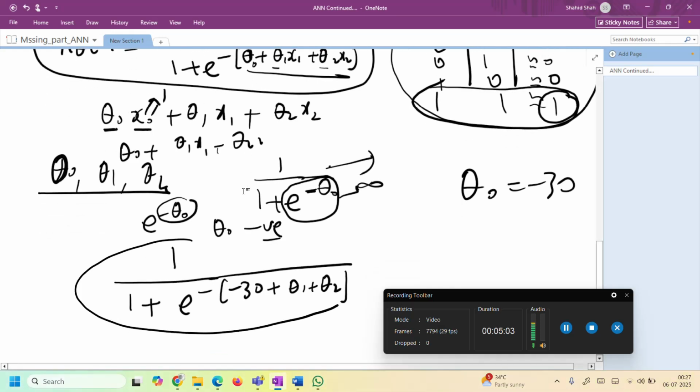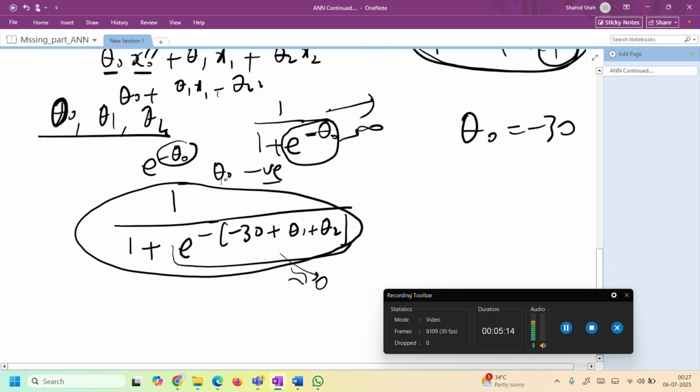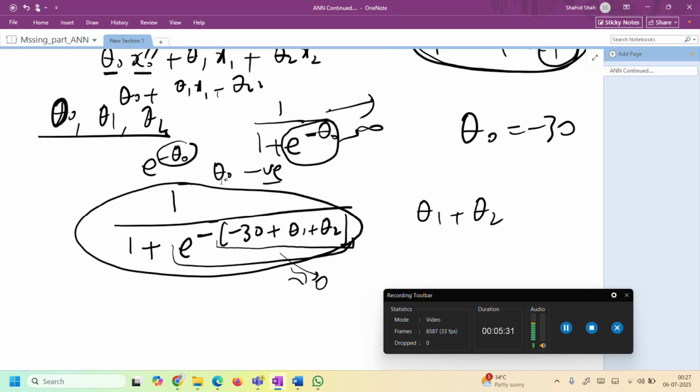Now this type of expression being nearer to 1 means this term should vanish, this term should be nearly equal to 0. For the exponential term to be nearly equal to 0, the negative exponent must be very large, so this term should be positive and large, so that the minus is outside. Now we have minus 30 here, so theta 1 plus theta 2 definitely has to be greater than 30, because only when it is greater than 30 will there be e to the power of some minus positive quantity, so that will vanish.